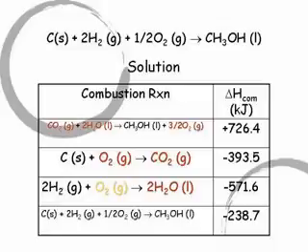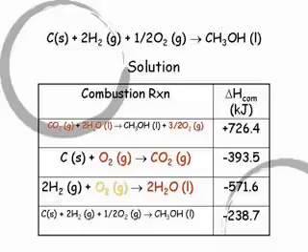And when we do that, we will multiply as well the negative 285.8 kilojoules by 2. So we end up with 2H2 plus O2 yields 2H2O. Now, we need to add these equations together and cancel what's the same on both sides. And you can see that we can cancel the water. We can cancel the CO2s.